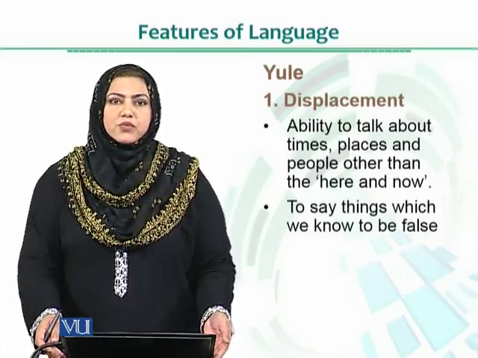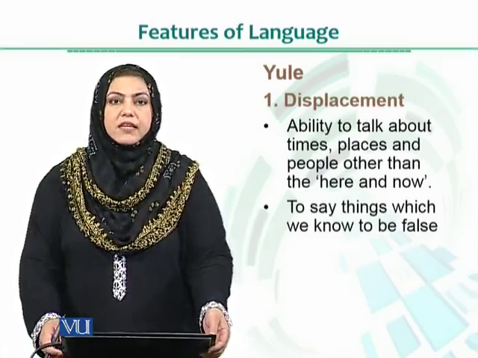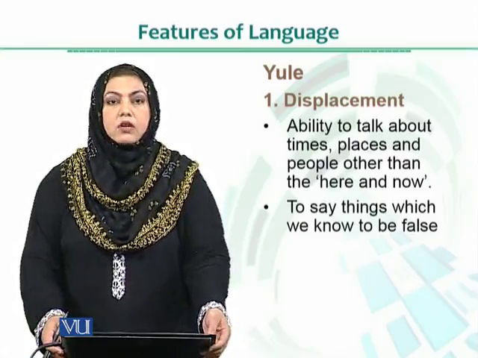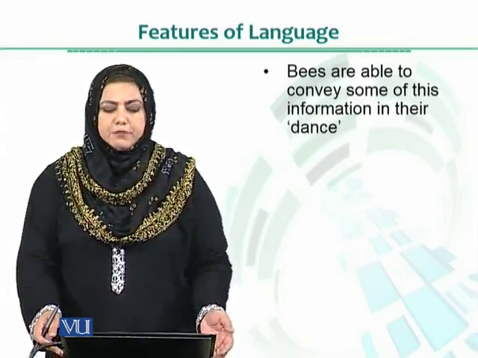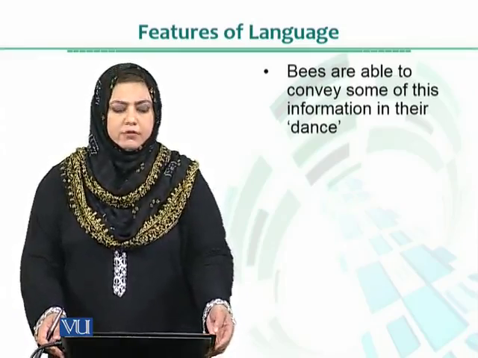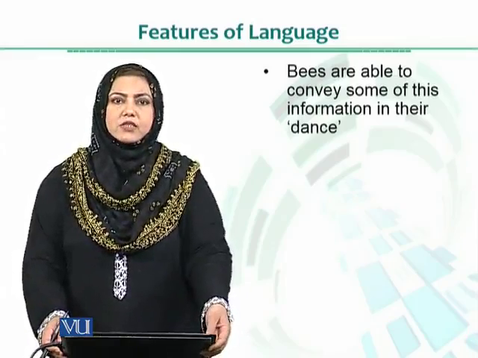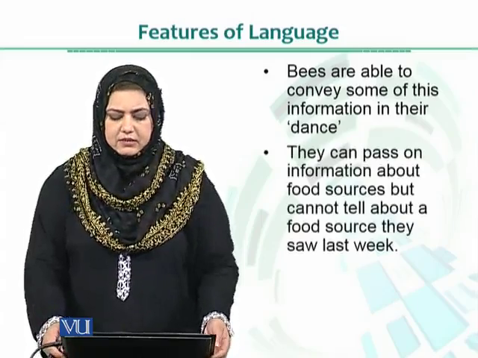In this way, human beings can also give false information, whereas animals or birds are not capable of that. If we look at bees, they are able to convey some information through their dance. However, the dance movements are very restricted, and the information they can convey is also very limited.